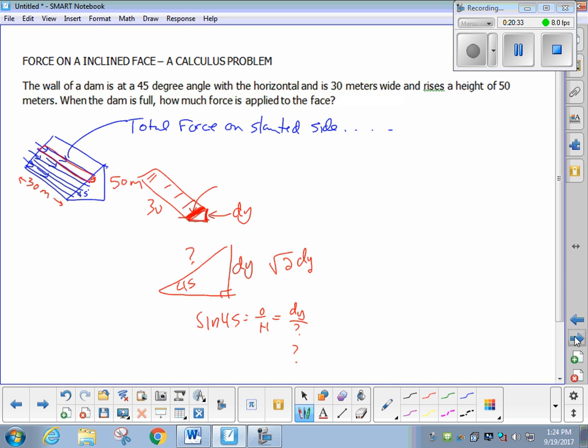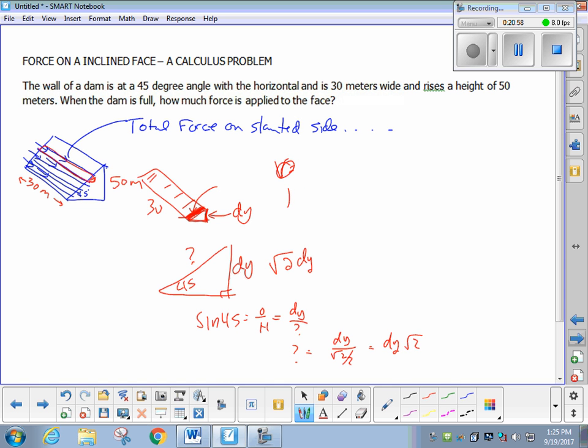Therefore, question mark is dy over root 2 over 2, yeah? Which is dy root 2. Okay, so then, what's your integral?